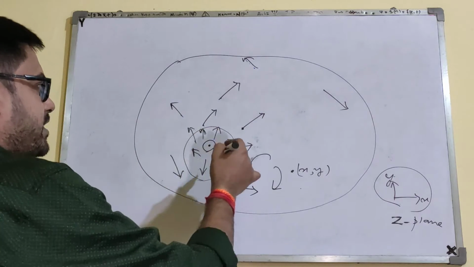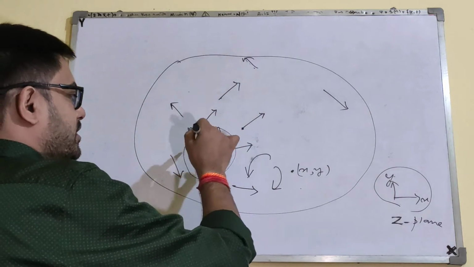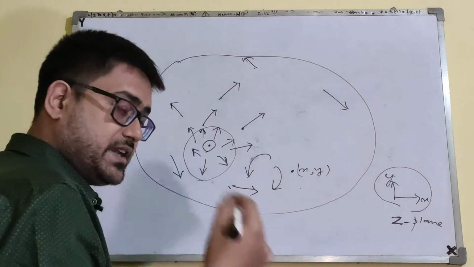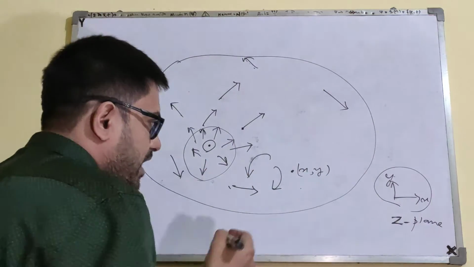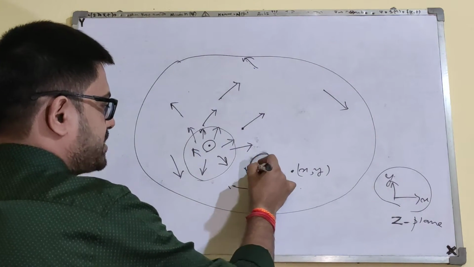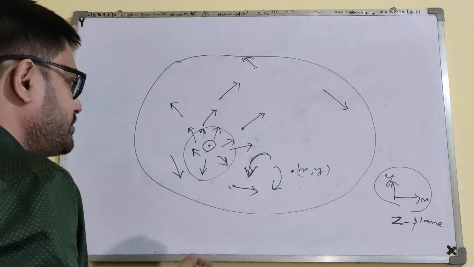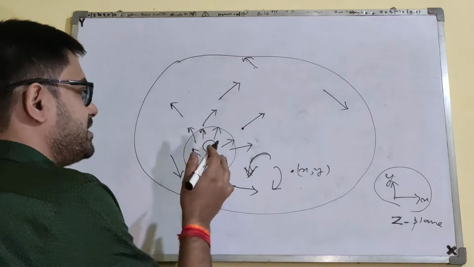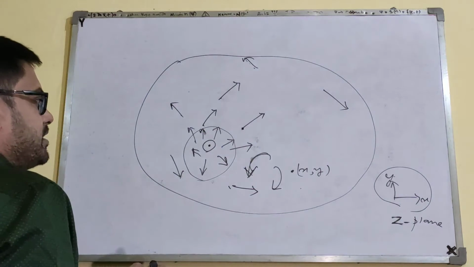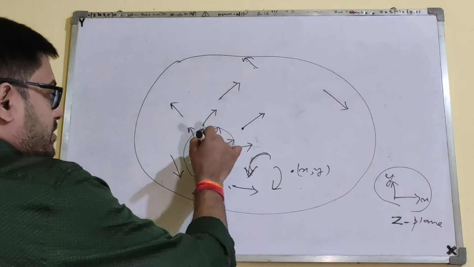If I want to know whether the vectors around this particular point in its immediate neighborhood have a net clockwise or counterclockwise rotational tendency, then I will say that the vector field does have a curl around this point.